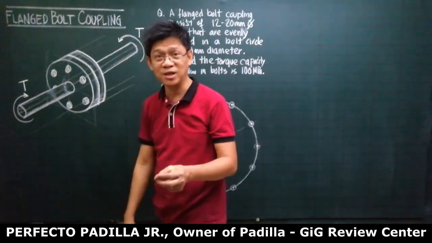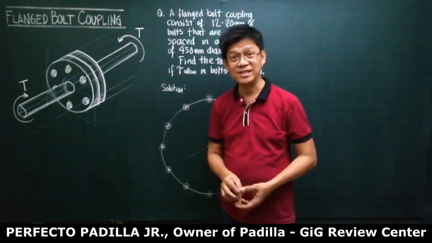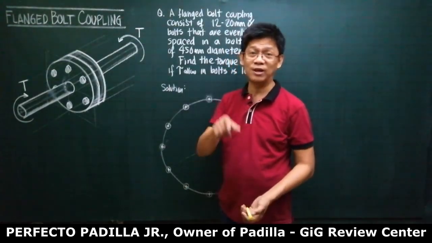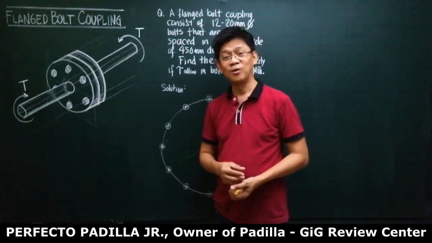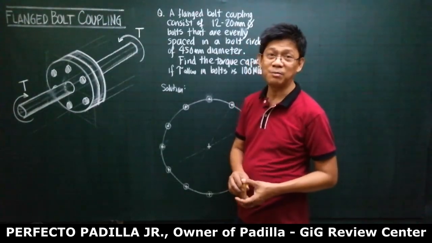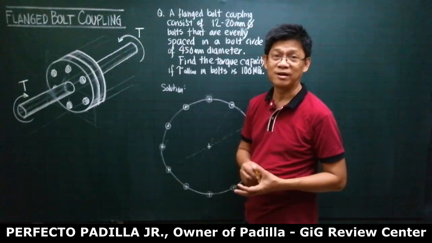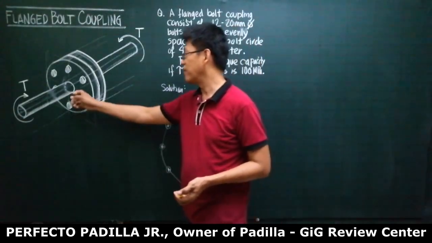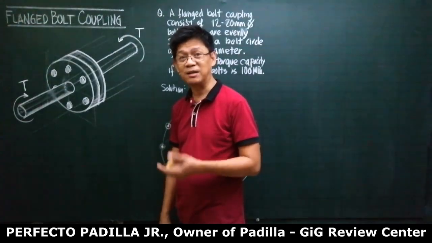Normally, this is used in connecting water lines because you cannot do welding on site. You can only do mechanical connection, wherein threading may not be applicable because of the limited strength that thread will offer. Okay, so we use flange bolt coupling also for easier repair and maintenance.